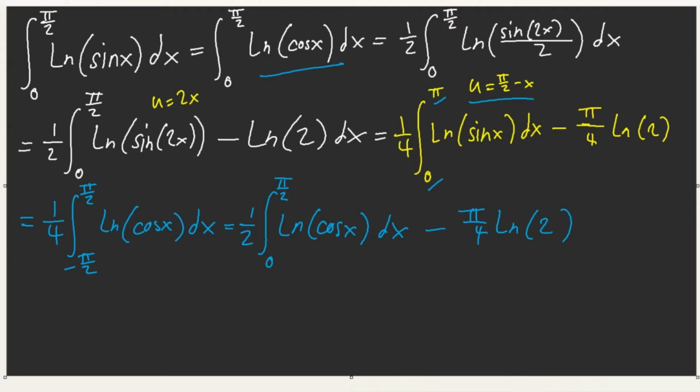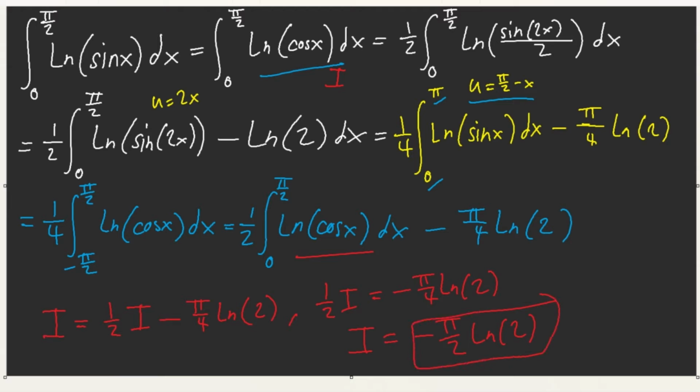So now let's call this one I. So we have I equal to a half of I minus pi over 4 ln of 2. Then we solve for I, and we get I equal to negative pi over 2 ln of 2, and so the integral is equal to negative pi over 2 ln of 2.